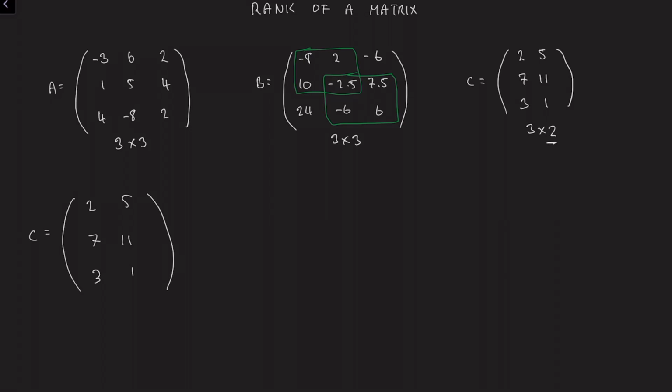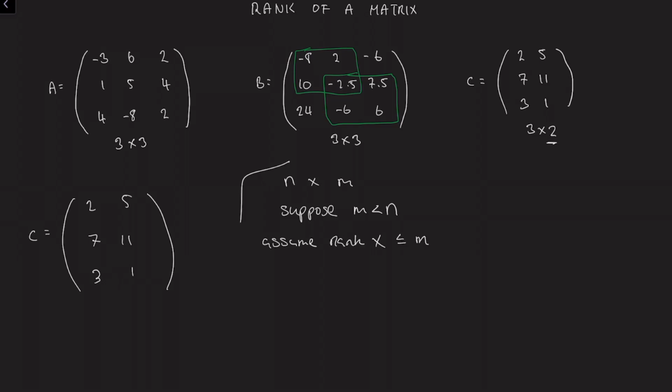So essentially what you do is when you have an n by m, and suppose m is less than n, we need to assume that the rank of, let's say, x is less than or equal to m.